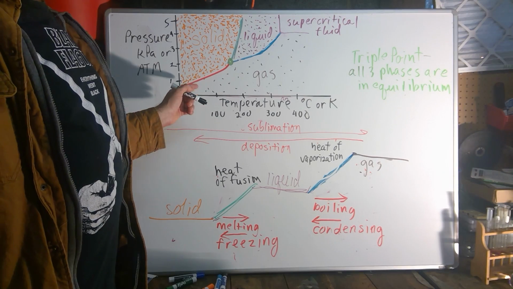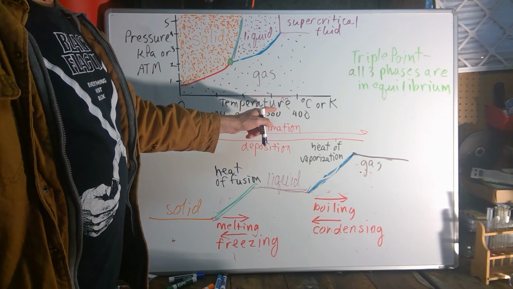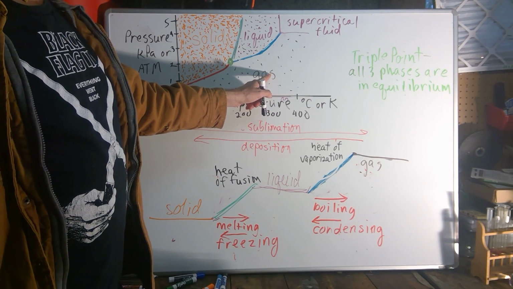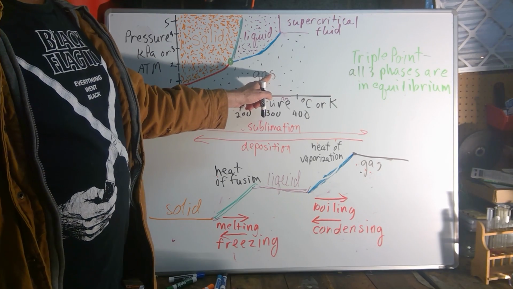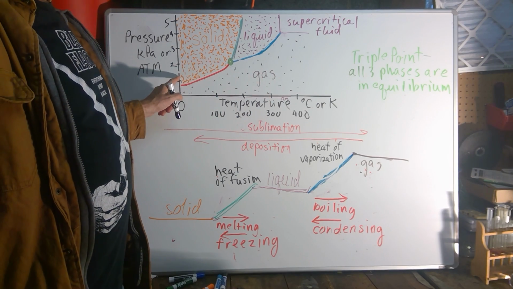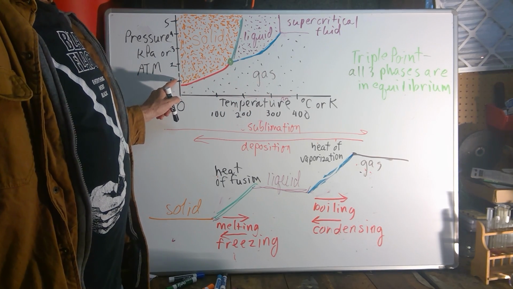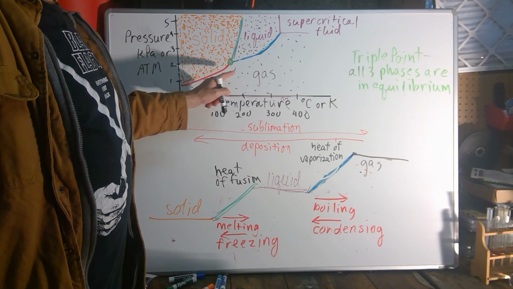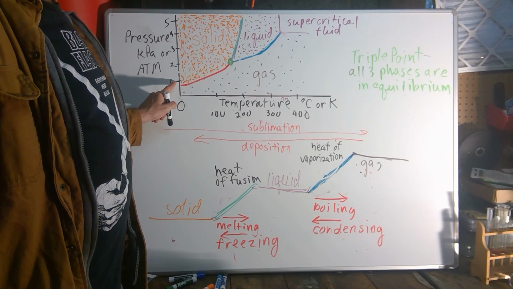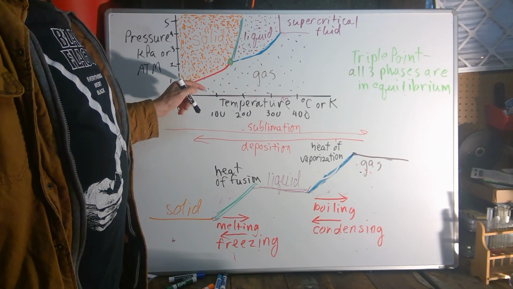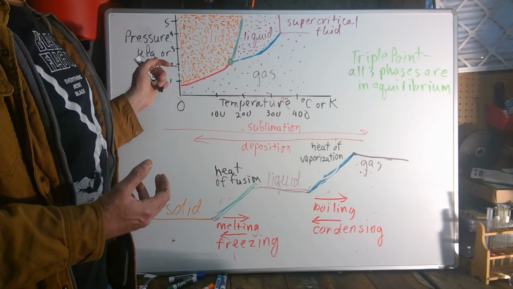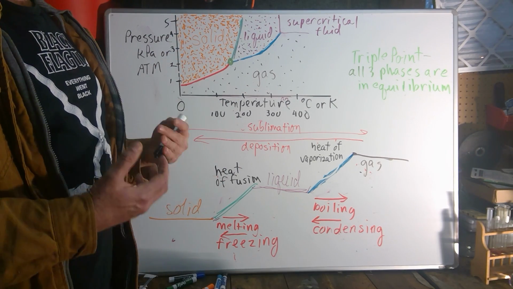Or if we had a substance that was being kept at room temperature on planet Earth, 300 Kelvin, which is about 25 degrees Celsius, at Earth's pressure, which is 1 atmosphere, and then we dramatically dropped the temperature very fast while keeping the pressure the same, it would undergo what's called deposition. It would go straight into a solid and bypass the liquid phase entirely.